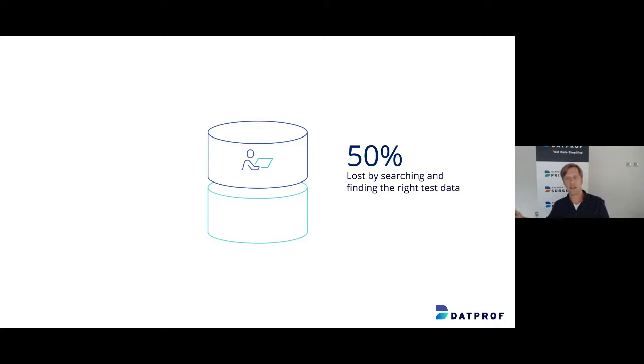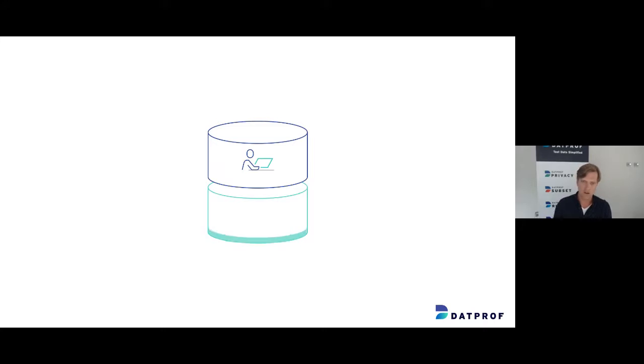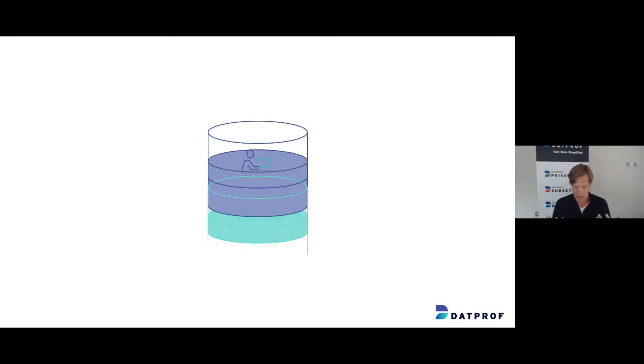But you also need to have an understanding of your test data coverage. And especially in large databases, it's quite challenging to find these specific test data cases based upon your test case coverage. In more complex environments it's getting even more challenging.